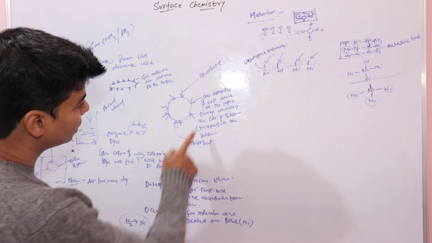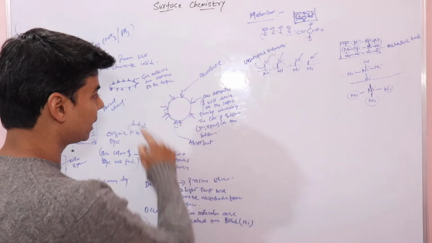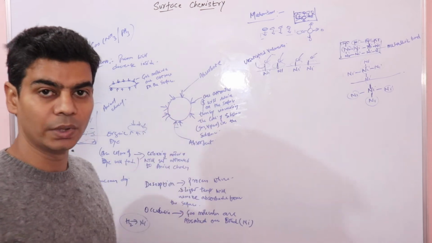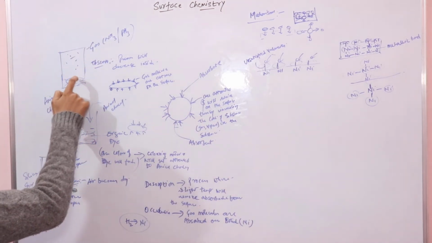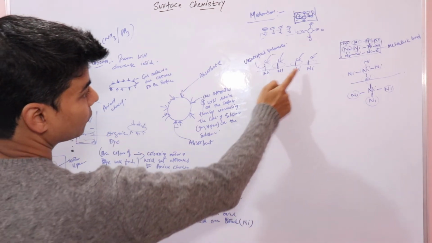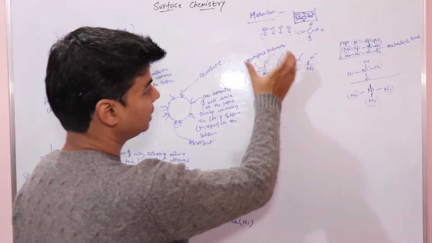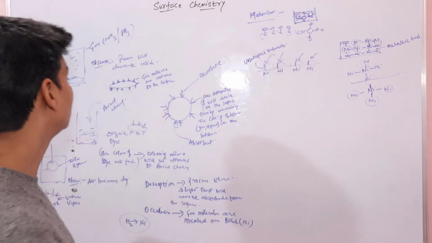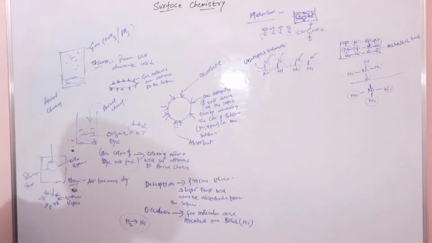So the surface will start attracting the substances around it. Like here, the surface of animal charcoal is reactive due to the presence of such unsatisfied valencies or residual forces, so animal charcoal will attract these gases on its surface.